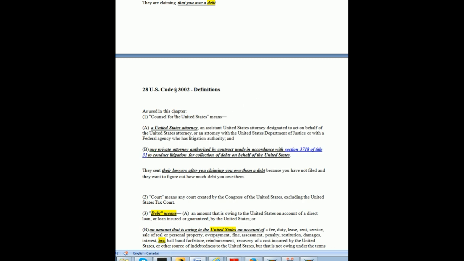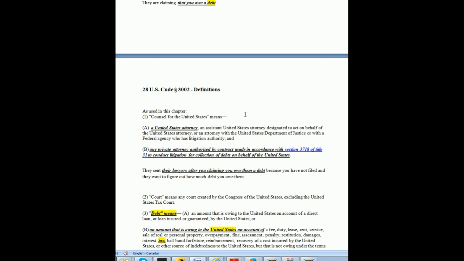Used in this chapter, counsel for the United States means a United States attorney, an assistant United States attorney designated to act on behalf of the United States attorney. B. Any private attorney authorized by contract made in accordance with Section 3718 of Title 31 to conduct litigation for collection of debts on behalf of the United States.